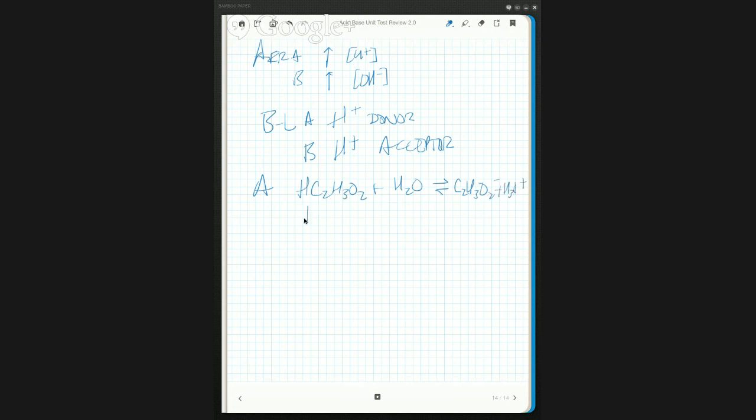Here, HC2H3O2 is the Bronsted-Lowry acid because it donated, and the water becomes the Bronsted-Lowry base because the H got donated to the H2O, making H3O plus. So it's interesting. What are some examples of Bronsted-Lowry acids and bases?